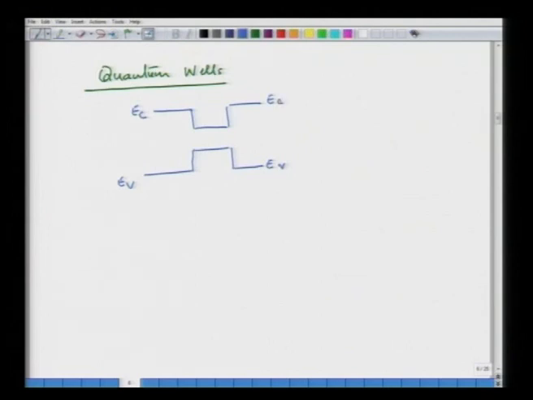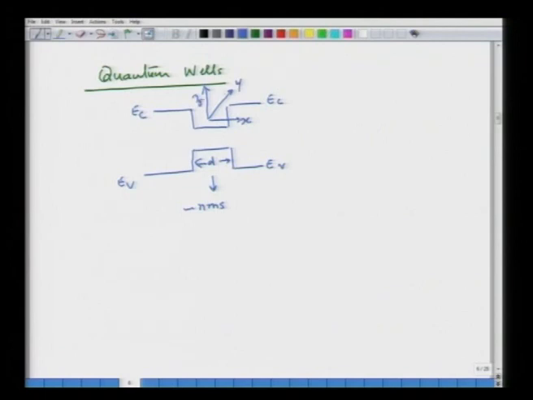Now, the emission properties of this particular material is going to be just like the bulk material as long as this thickness is large, but as we reduce this thickness in the range of nanometers, the property of this particular material becomes completely different. Now, we have a situation in which in the x direction the electron is confined in a well, but in the y and z direction it is free to move.